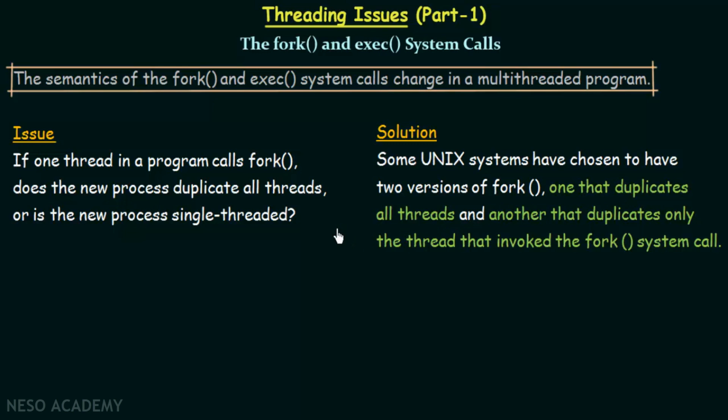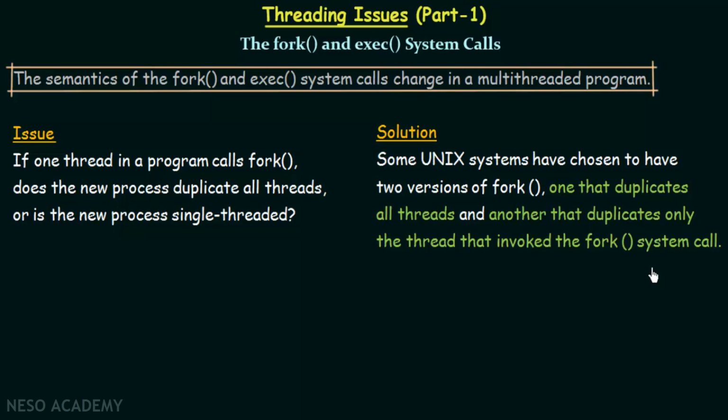That means if a thread in a process invokes a fork system call, then all the threads in that process will be duplicated. The other version will duplicate only the thread that invoked the fork system call. So if a thread belonging to a process invokes a fork system call, then only that particular thread will be duplicated and the other threads present in the process will not be duplicated.